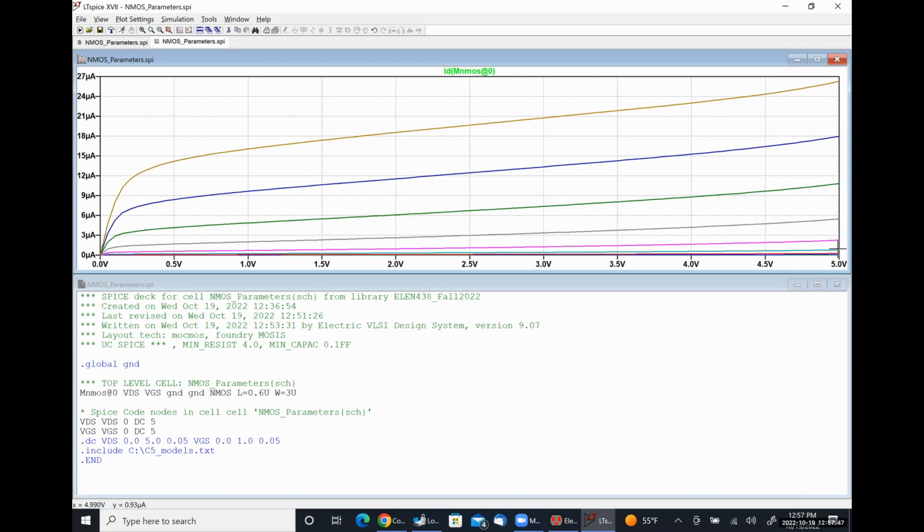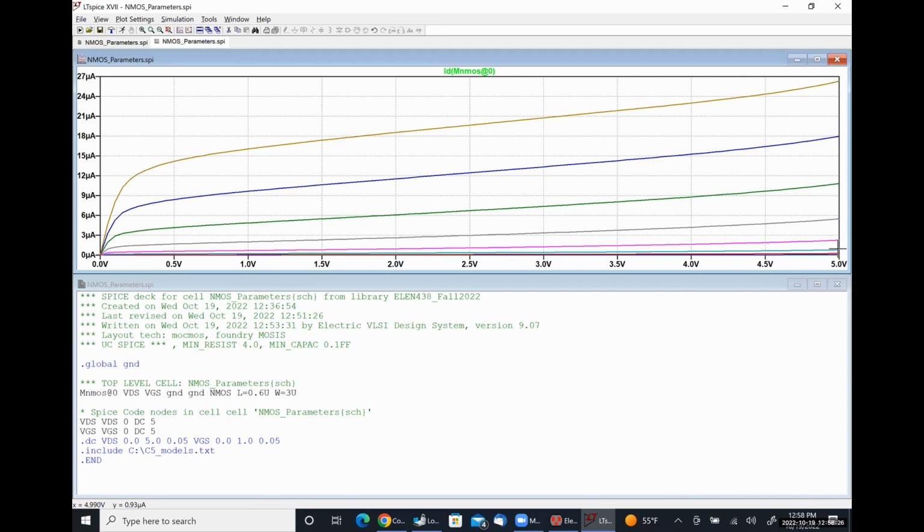So our drain current for our device is 1/2 mu n C ox W over L times VGS minus VTHN quantity squared times 1 plus lambda VDS. And here's one thing I'm going to put here.